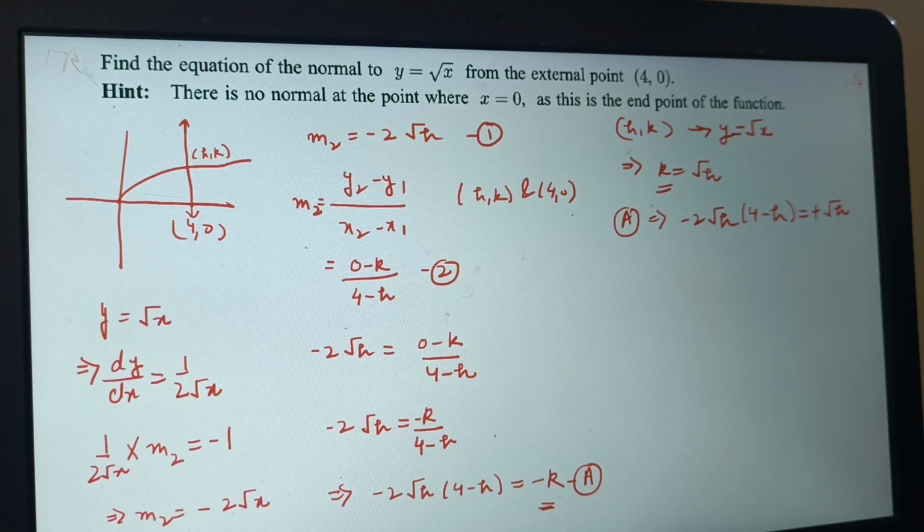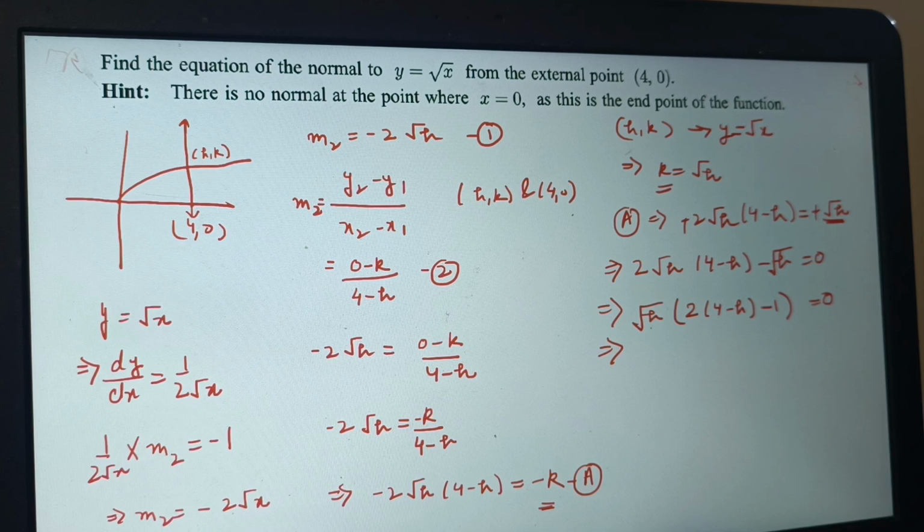I can cancel both the negatives on both sides. Further I am left with 2 square root of h times 4 minus h. Now I am shifting this to the other side: minus square root of h equals 0. Taking square root of h common, I am left with square root of h times 2 times 4 minus h minus 1 equals 0.